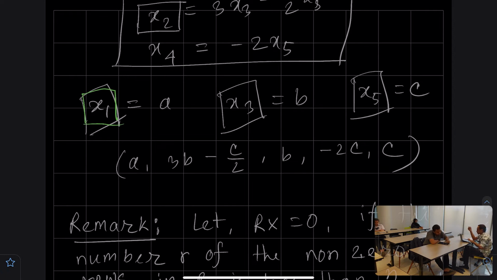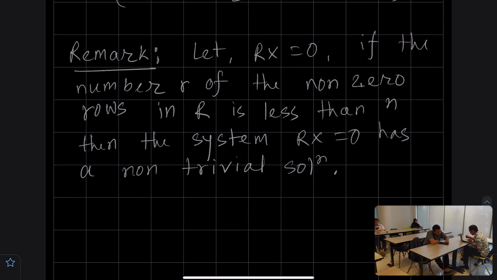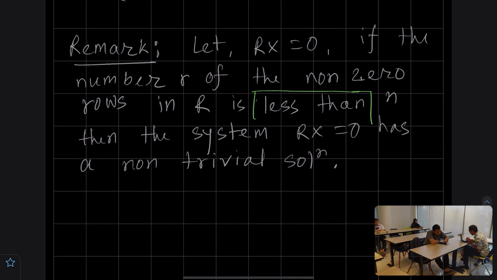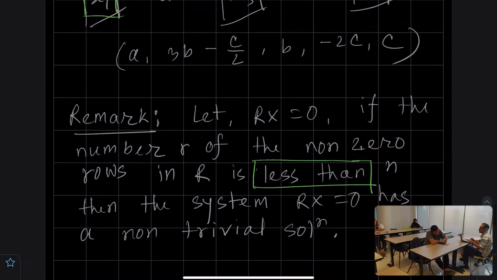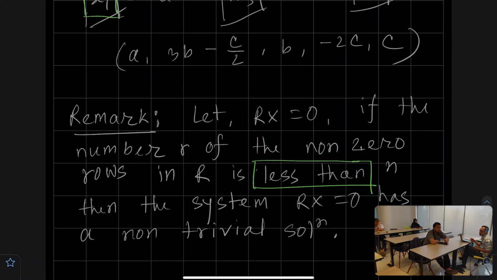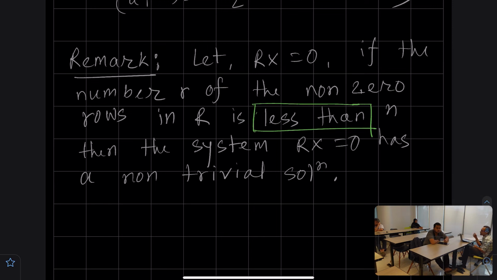Since r is strictly less than n, there is at least one free variable in that system, and I can choose any arbitrary element from the field for it, including a non-zero one.